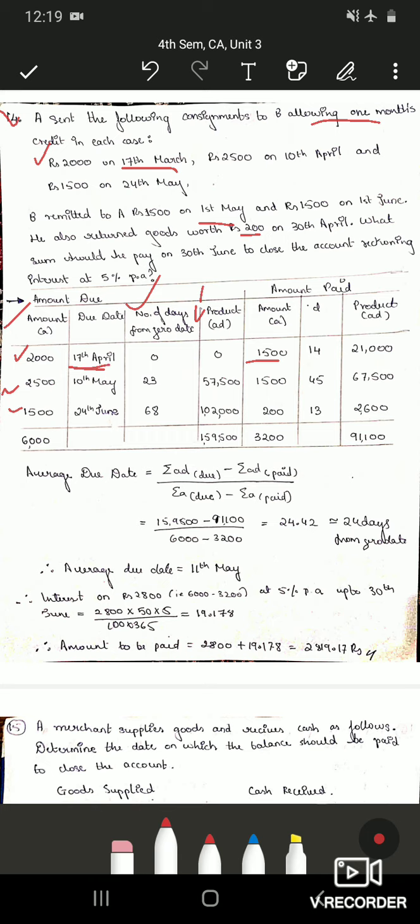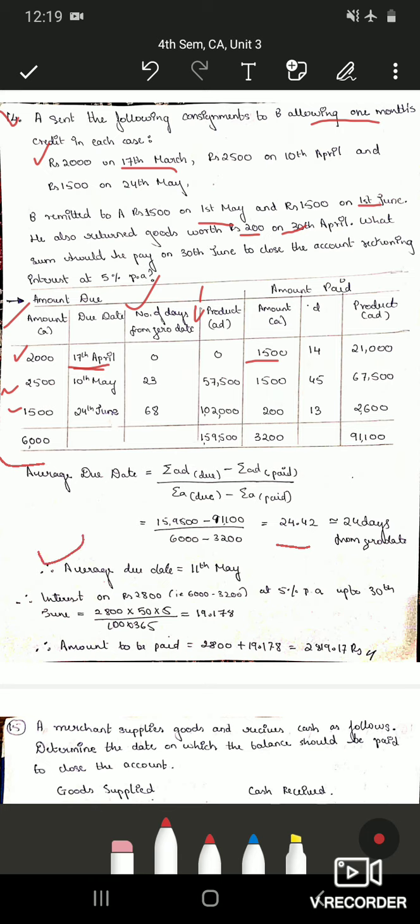The number of days from 17th April till 1st June is 45 days and from 17th April to 30th April is 13 days. So take the product, again take the summation, and use this formula. You will get approximately 24 days from the 0 date, that is, the average due date is on 11th May.